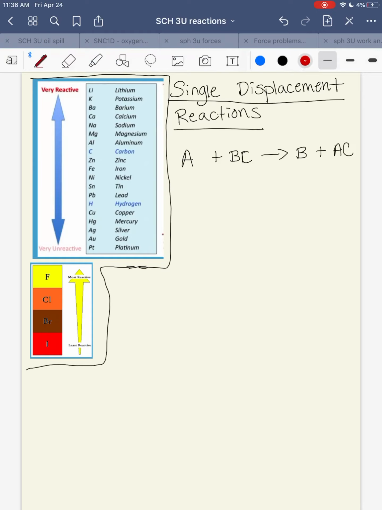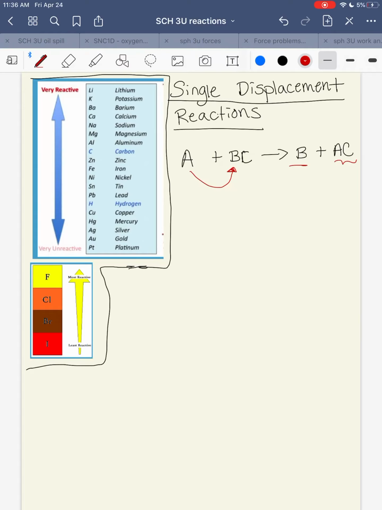These are single displacement or single replacement reactions. A comes in and takes the place of B, so that B is then by itself, and now A is in a compound with whatever C happens to be. So these are our single displacement reactions.